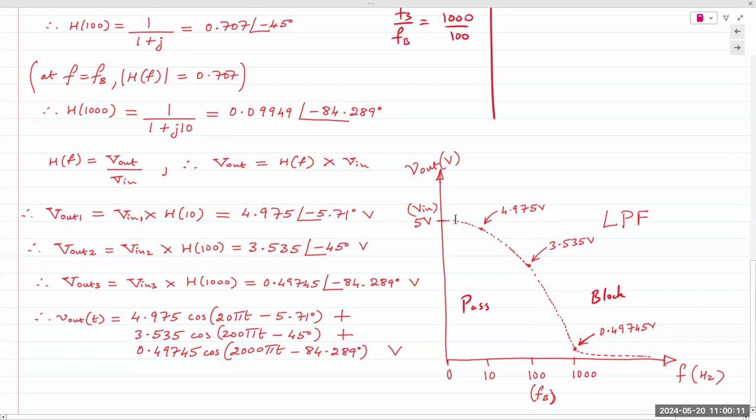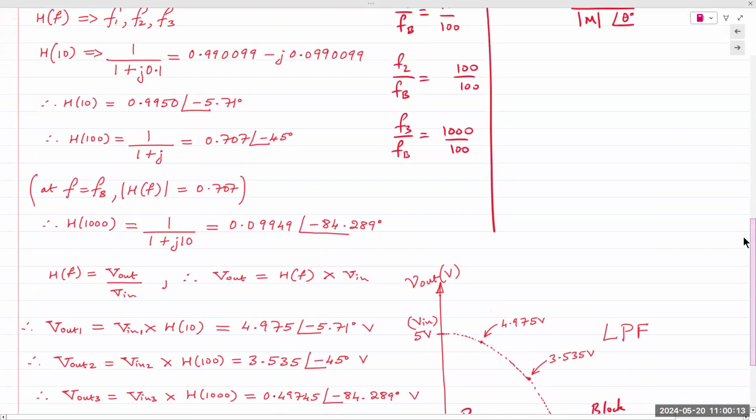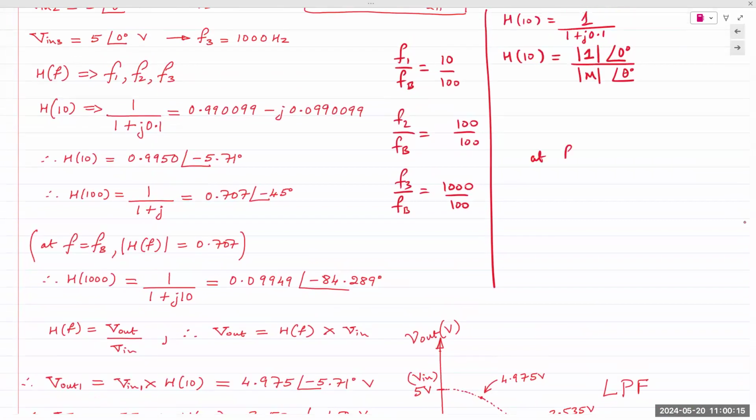And that is the point where the output voltage, so at FB, V out drops to 0.707 times your V in, but the power drops to half.